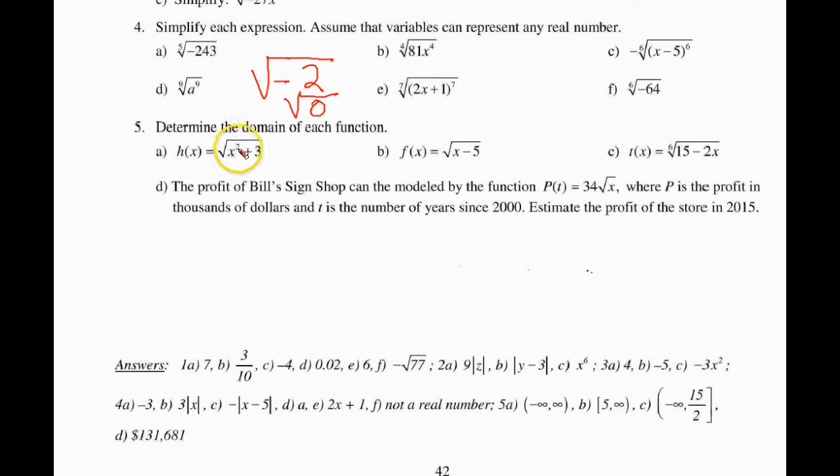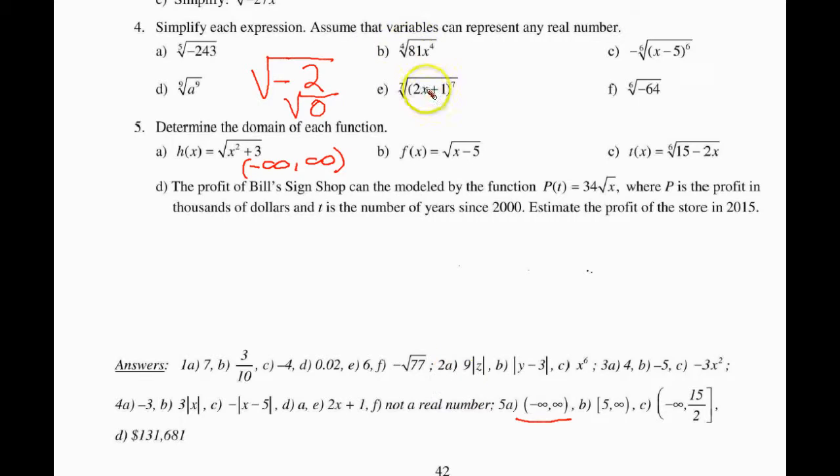So the answer is no, because whenever we square a number, if it's 2 negatives or 2 positives, it's always going to be positive. So we say the domain then for something that is squared is negative infinity to positive infinity. That is all real numbers. And that's what they have right here.